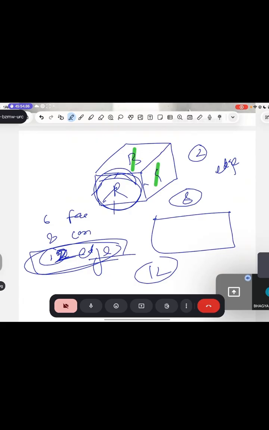But we have to find the blue and green, which means 2 colors.